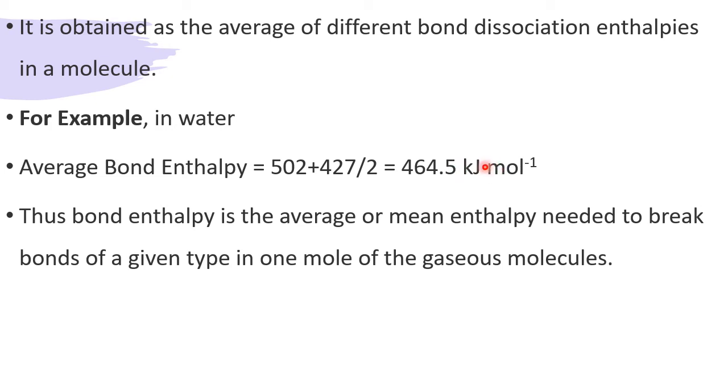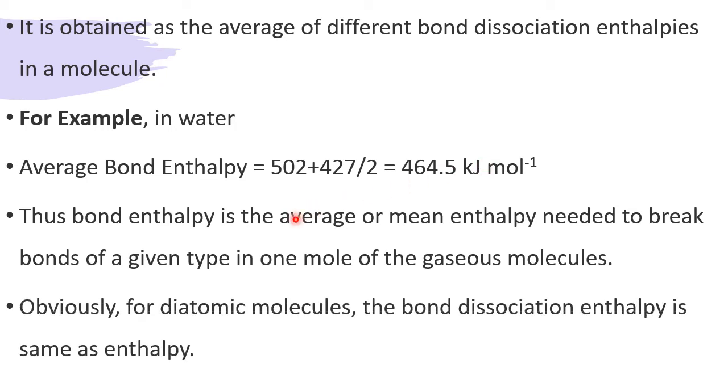This much energy is required to break all the OH bonds in 1 mole of water. Obviously, for diatomic molecules like H2, Cl2, both atoms are the same, so the bond dissociation enthalpy is simply the bond enthalpy. For polyatomic molecules, average bond enthalpy; for diatomic, just bond enthalpy.